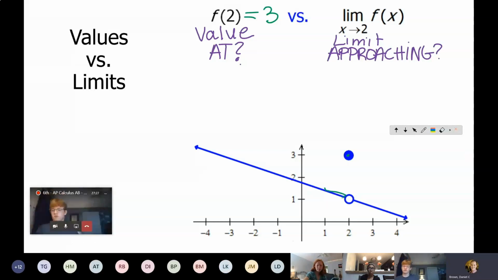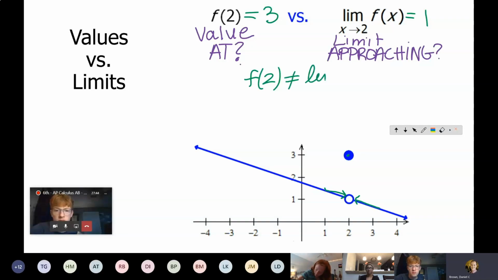So what is it approaching as you come in from the left and the right-hand side? 1. So we have a compare and contrast of what is the value and what is the limit. So at 2, the value does not equal the limit.